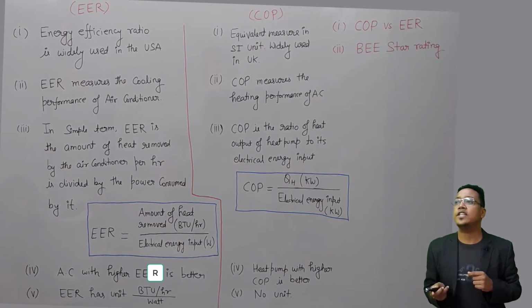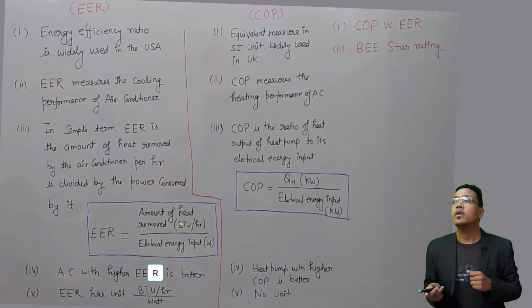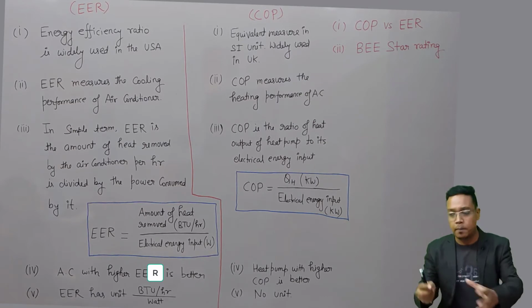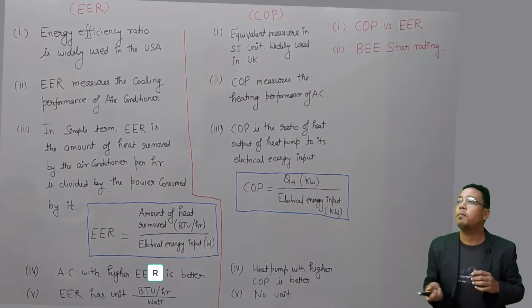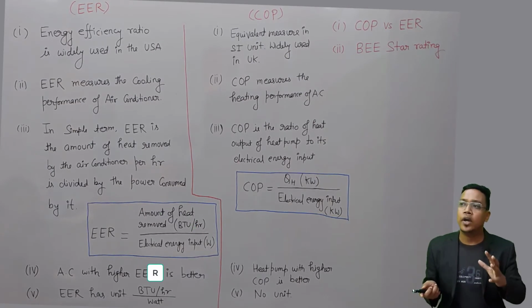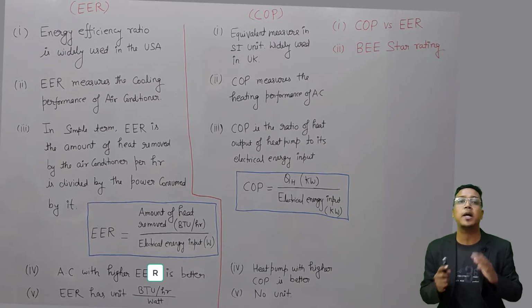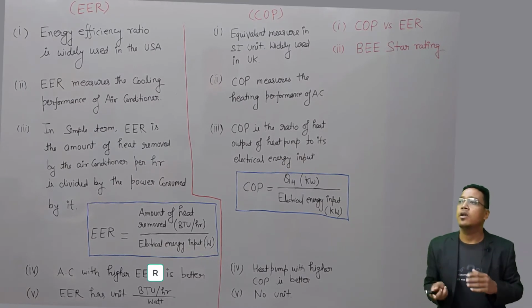So from this definition we can write EER is equal to the amount of heat removed, meaning BTU per hour, from a storage space per hour, divided by electrical energy input, that is in watts. If I take the ratio of both these quantities, then it is called EER.